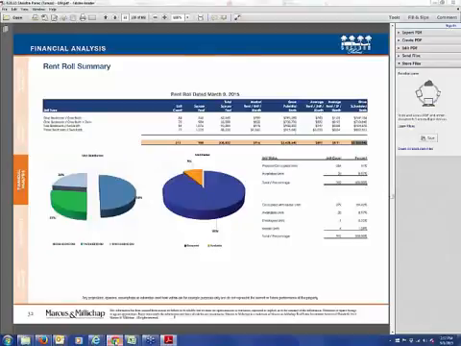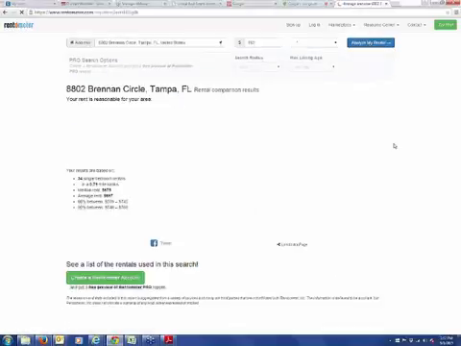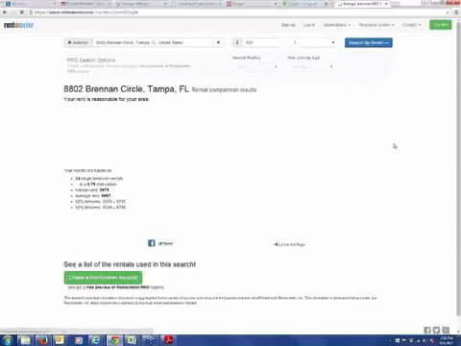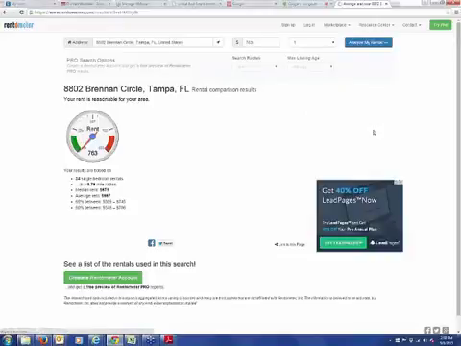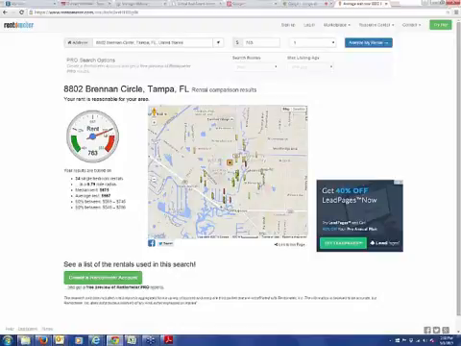So if we come back here and say $763 for a 1-bedroom, how do we do? Are we in the marketplace? They're telling me that in that area, my rent is pretty darn close to market. I don't have a whole lot of room in that number.